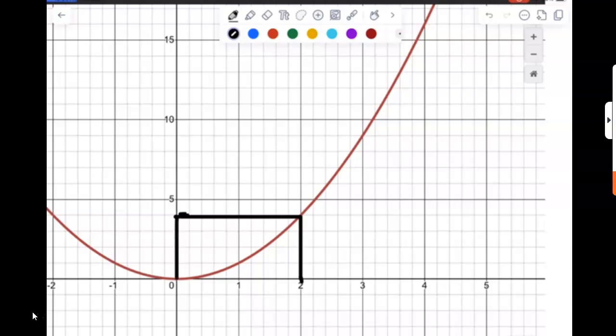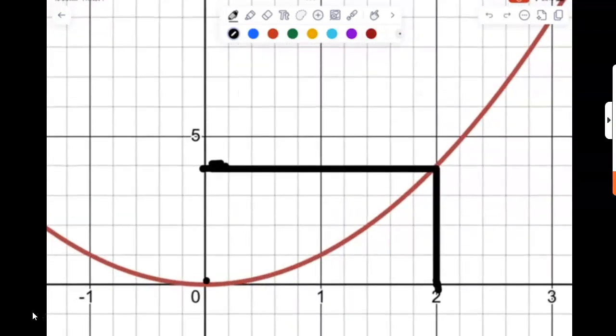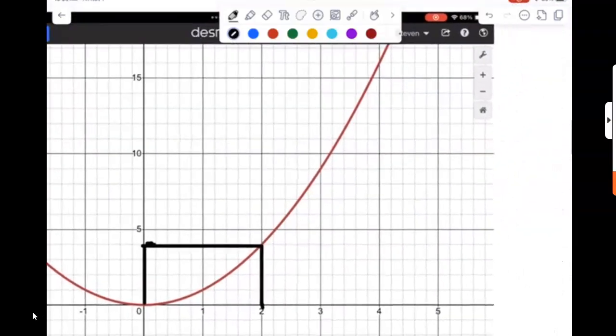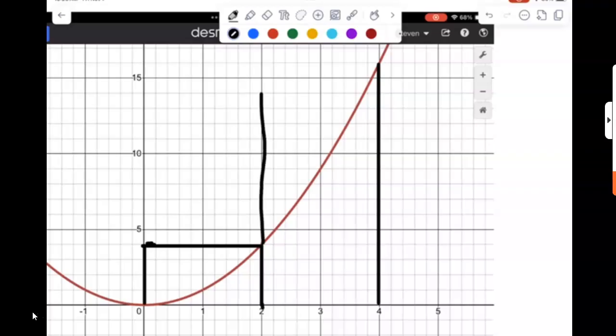So form the rectangle that goes there. And then I'm going to go the interval 2 to 4, and I'm going to do the same thing. I'm going to form the rectangle with the absolute highest value across that interval as well.